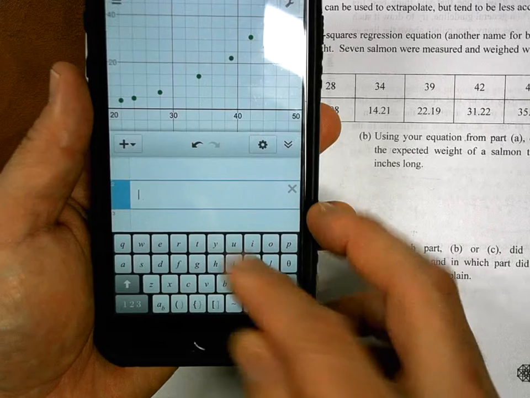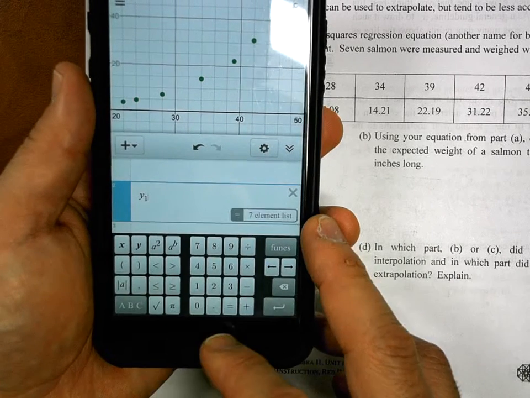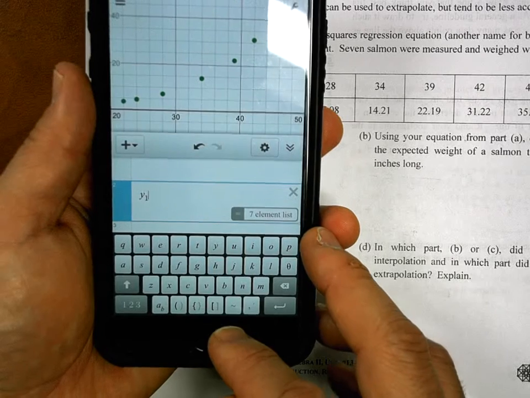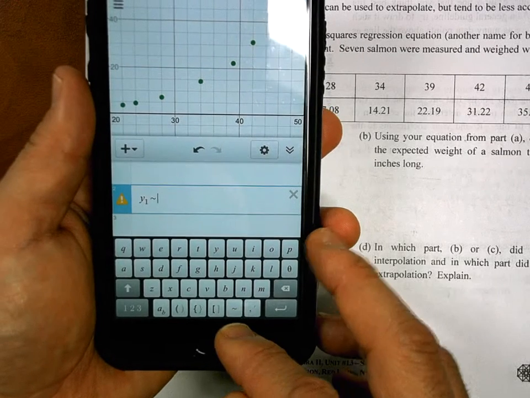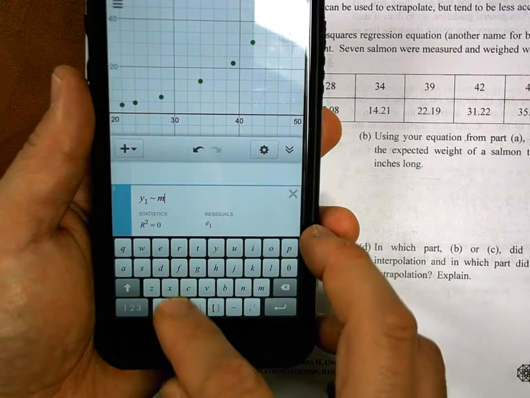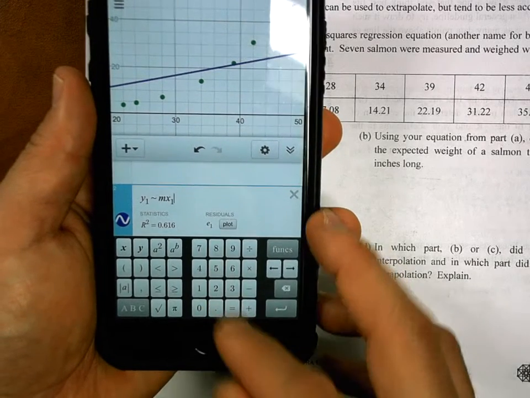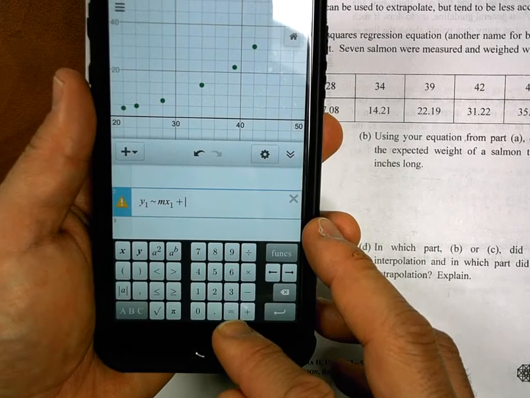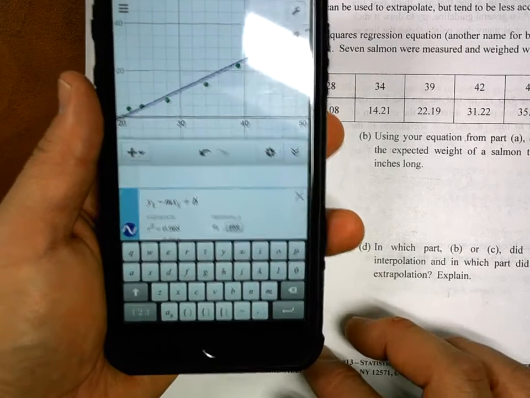Okay, y subscript 1, so just type 1. And do I push equals? No, squiggly line. I want to approximate m times x1 in the ABC plus b. Okay, and there's our line of best fit.